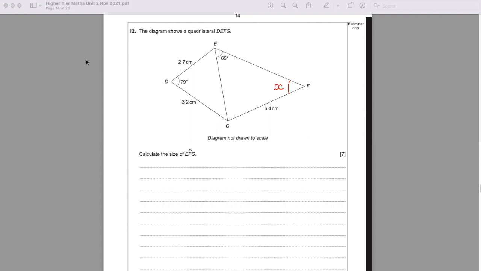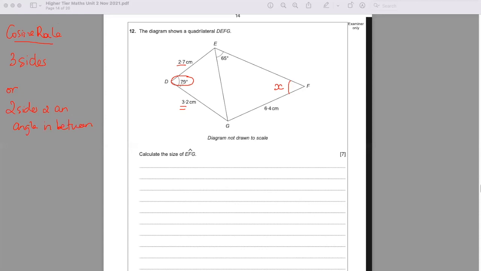So your cosine rule, remember, is whenever you have an angle between two sides. So cosine rule is when you have three sides and you have to work out an angle, or you have two sides and an angle in between.